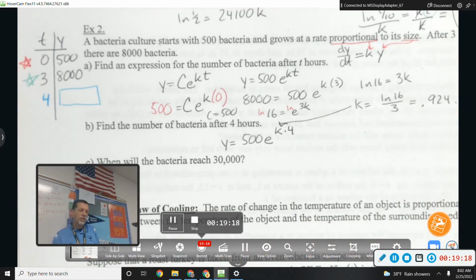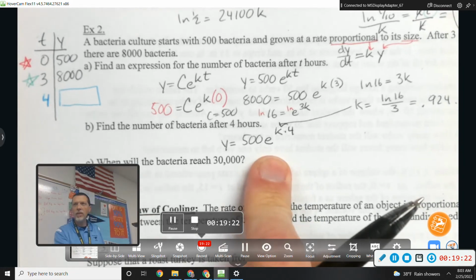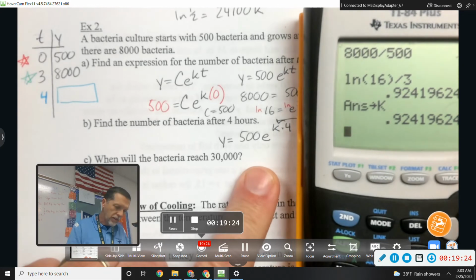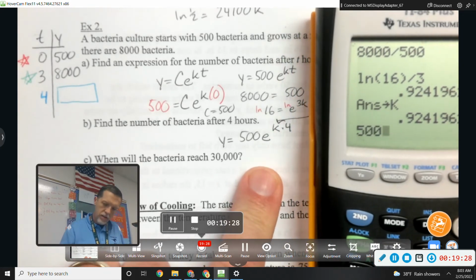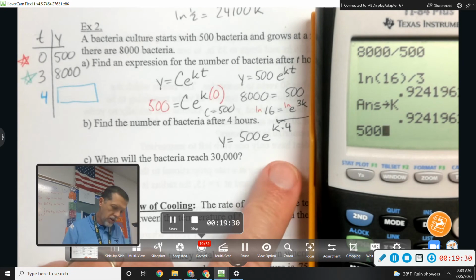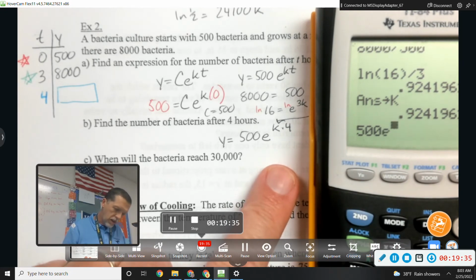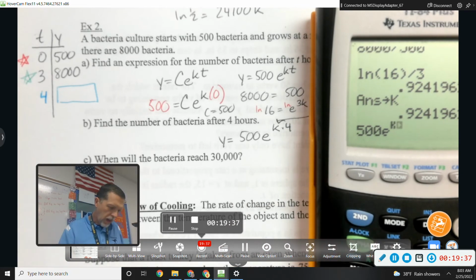So this is actually easier than that last problem we did. This is just straightforward, type it into the calculator. 500 e to the k times 4.